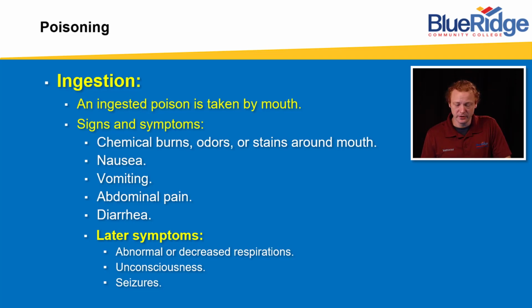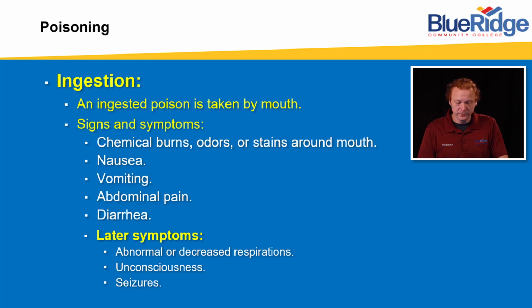A child who has ingested a poison may have the following signs or symptoms: chemical burns, odors or stains around the mouth, nausea, vomiting, abdominal pain, or even diarrhea. Later symptoms down the road may include abnormal or decreased respirations, unconsciousness, seizures.